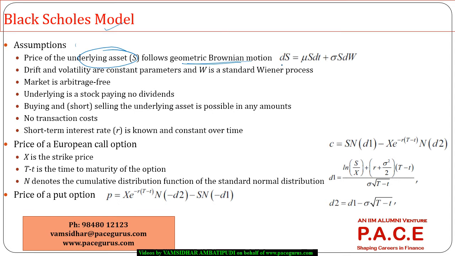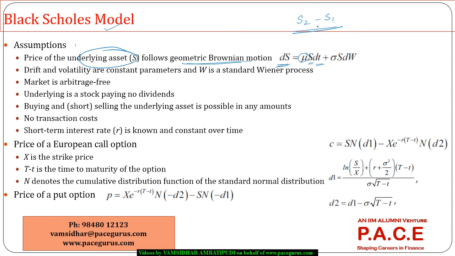What does that mean? A change in the price, right? S2 minus S1, the change in price is primarily modeled like this. Some mean times the original price times the change in time.